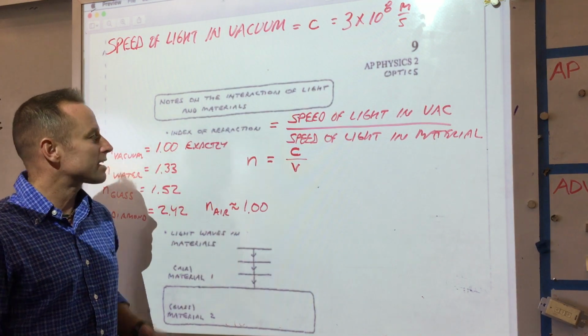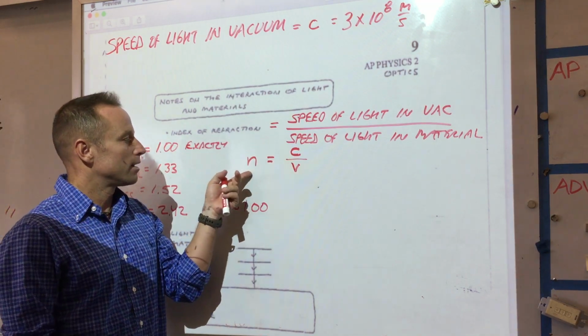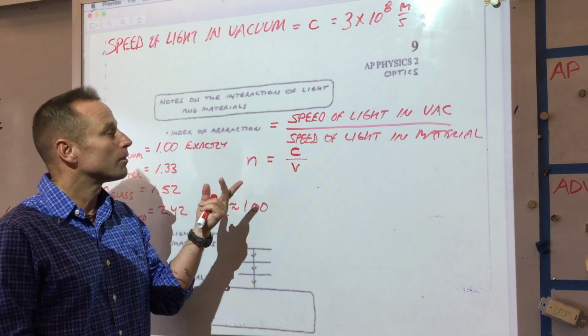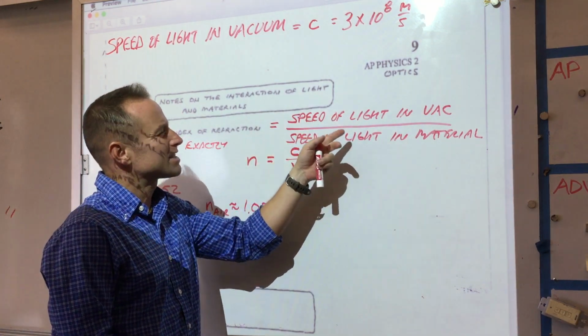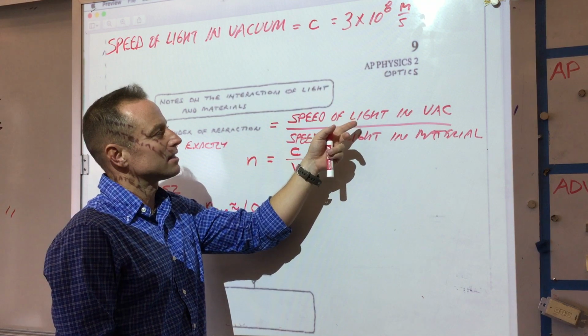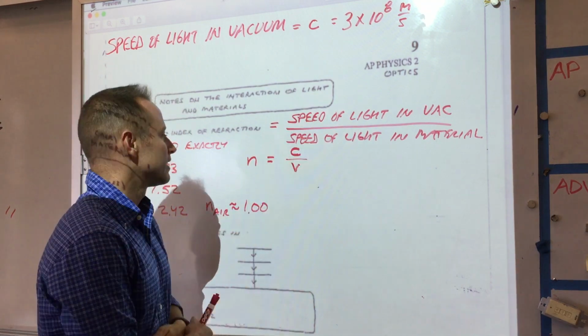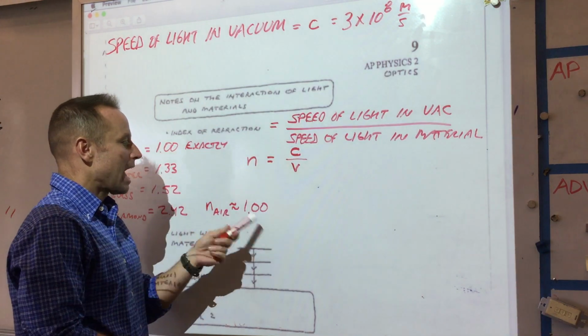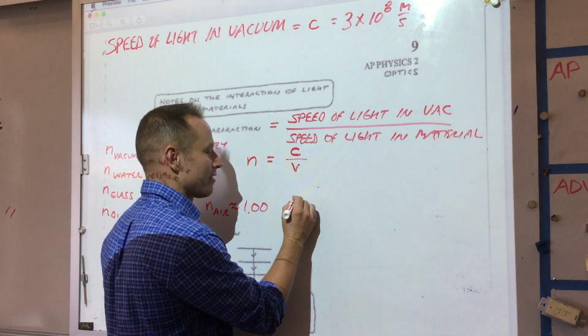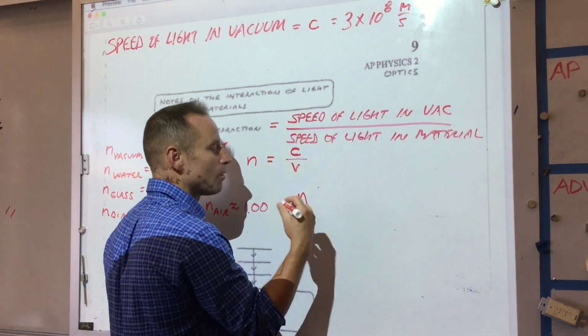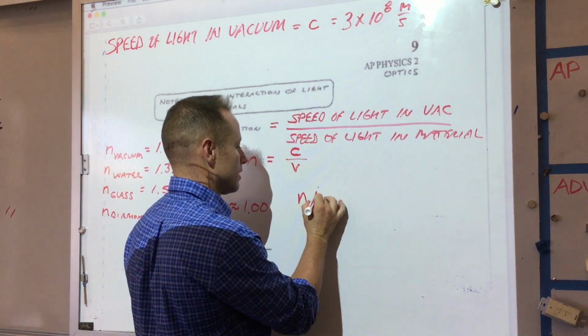Now, something to notice. Think about this for a second. What would it mean if the index of refraction were less than 1? If you look at how it's defined, that would say the speed of light in vacuum is less than what it is in the material, and you can't get light to go any faster than in the vacuum. So n, and maybe it's worth jotting it down, n is always greater than or equal to 1.